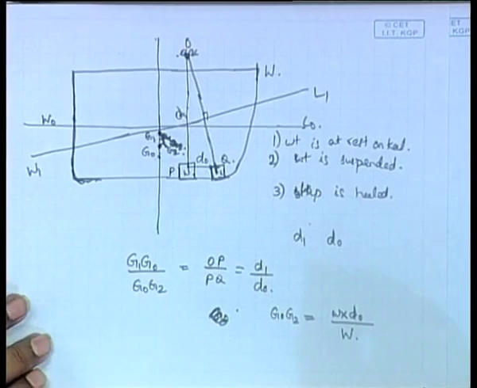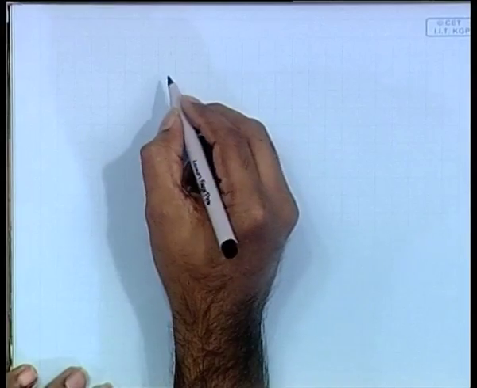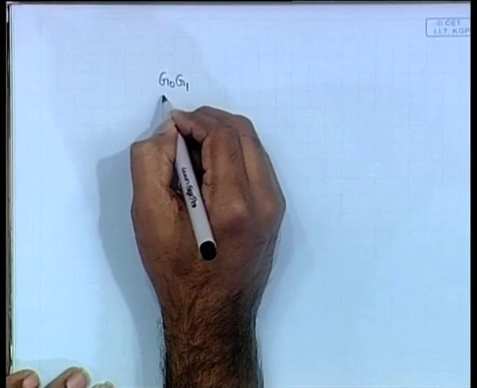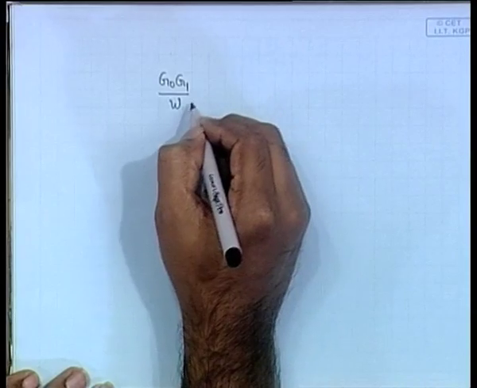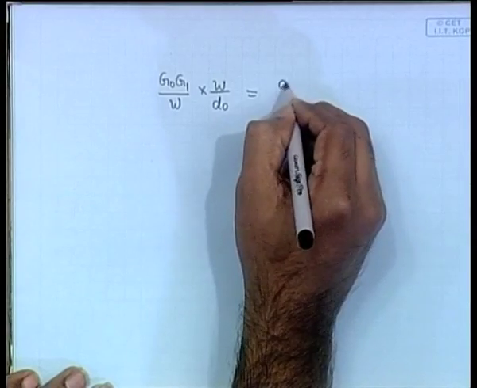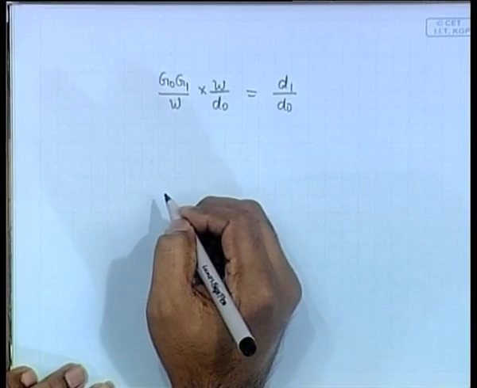Okay. Now, so you have g0g1 divided by w into w by d0 equals d1 by d0. It comes directly from the previous equation.